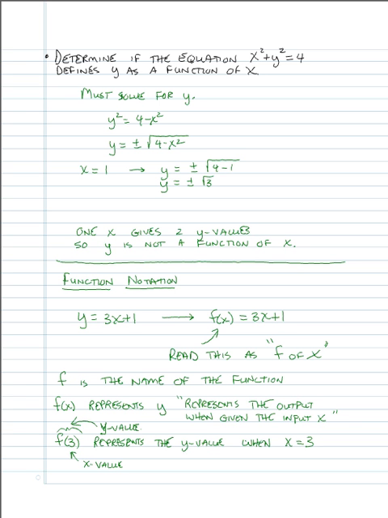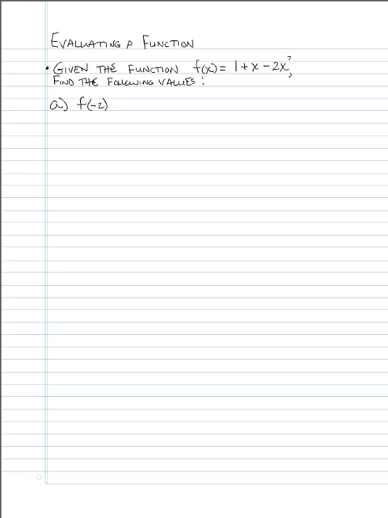So we want to get used to this notation. So we do some evaluations. Let's do that on the next page. Okay, the idea of evaluating a function is to interpret f of. In this case, we're given a function f of x is equal to 1 plus x minus 2x squared. And we're to find the following values. And we'll start with f of negative 2.